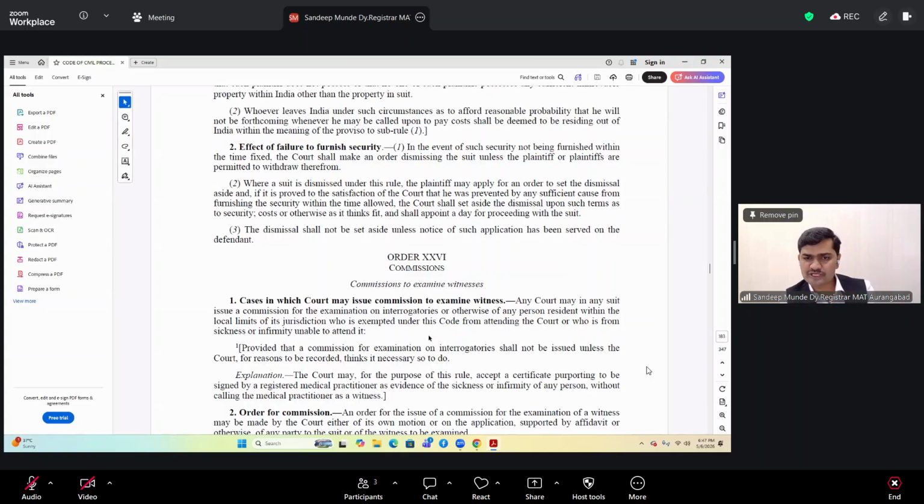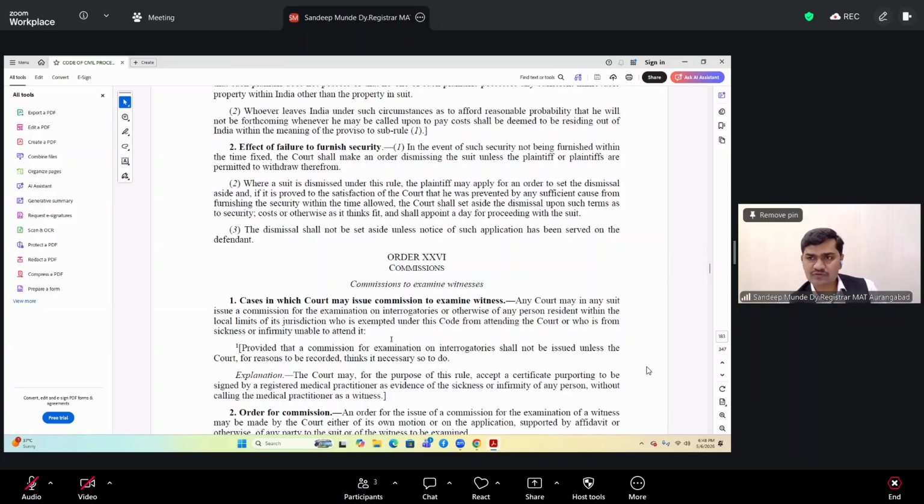Cases in which the court may issue commissions to examine witnesses. Any court may in any suit issue a commission for the examination on interrogatories or otherwise of any person resident within the local limits of its jurisdiction who is exempted under this code from attending the court or who is from sickness or infirmity unable to attend it.